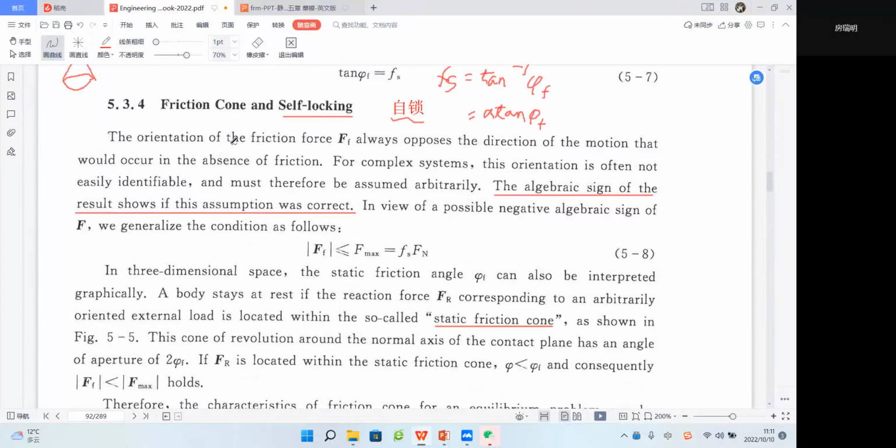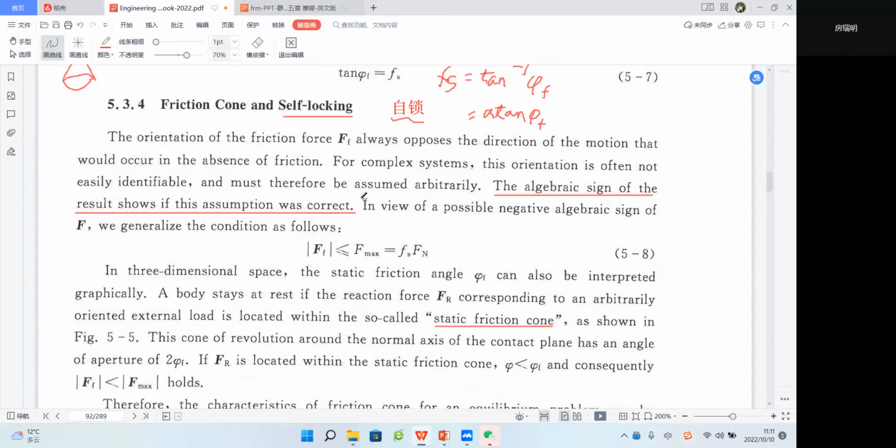So the orientation of the friction force FF always opposes the direction of the motion that would occur in the absence of friction, right? For complex systems, this orientation is often not easily identifiable. Take X direction as an example.